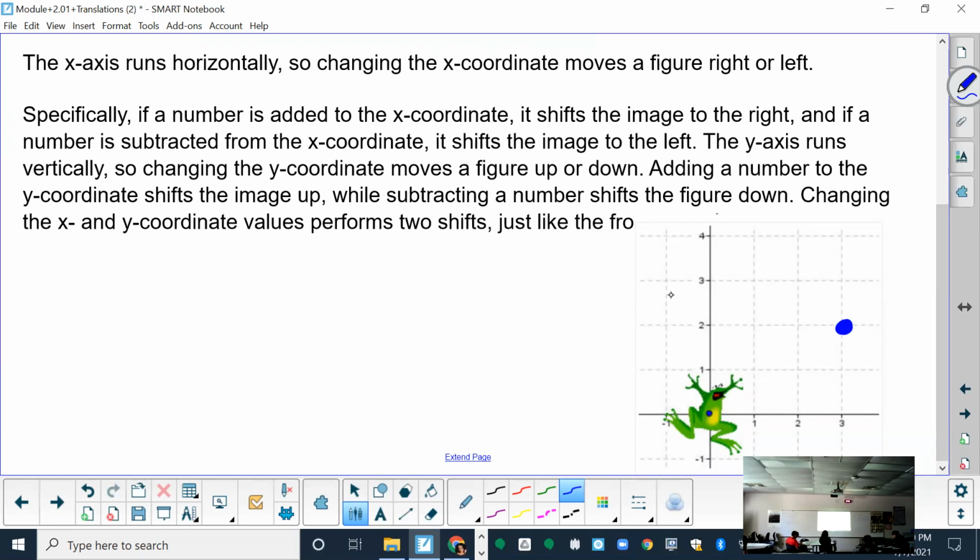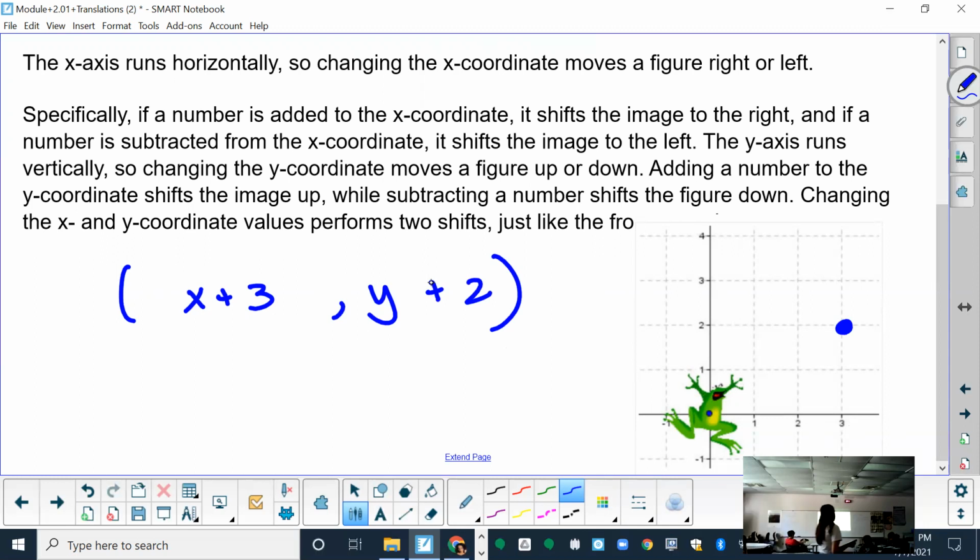Because it translated 3 to the right and 2 up, we can write x plus 3 because that's the left or right movement, and then comma y plus 2. So it looks like a coordinate, except that there's a rule attached to it.